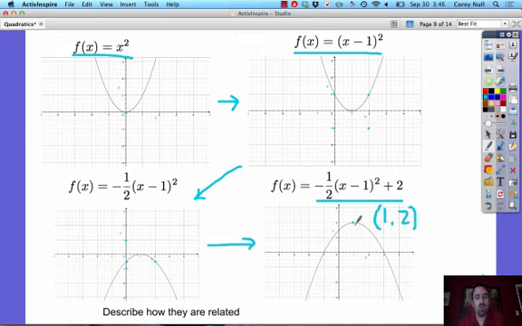And it's also slightly different in shape. Instead of it being the regular size, it's been compressed by a half. And it's been flipped over. So this negative is flipping things over, the 1/2 is compressing, and the vertex moved from 0, 0 to 1, 2. A lot has happened.